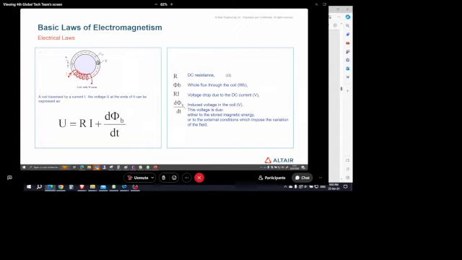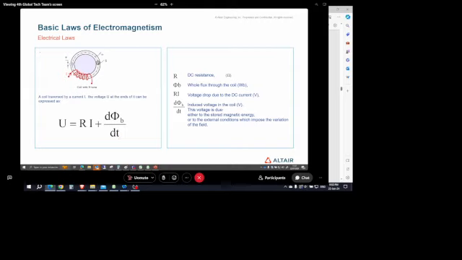Yep, let's talk now about the electrical load. The electrical load is mainly about voltages. So if I consider the same torus, the simple example we had previously, then the voltage on the two terminals of this coil is equal to the resistance of the coil multiplied by the current supplied, plus dphi by dt.